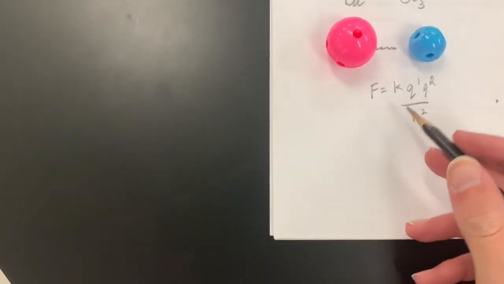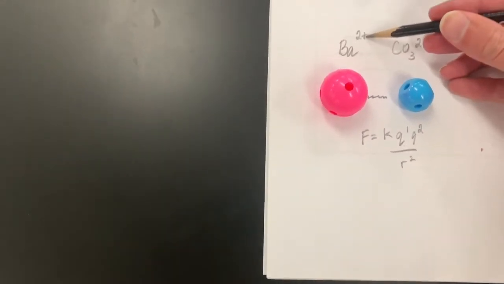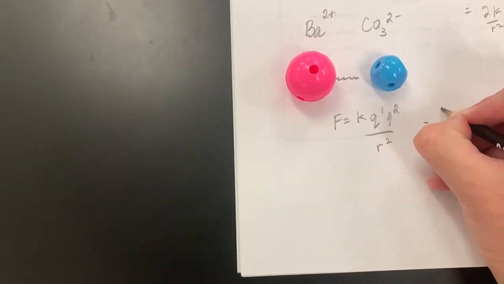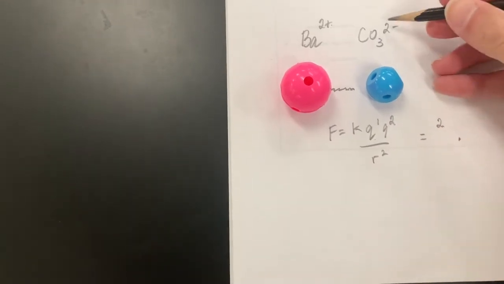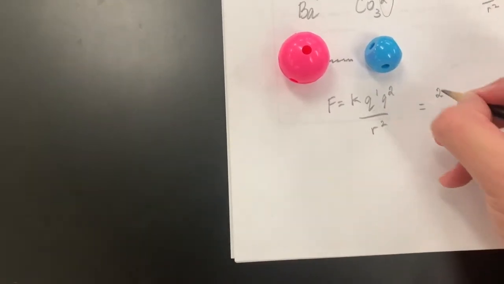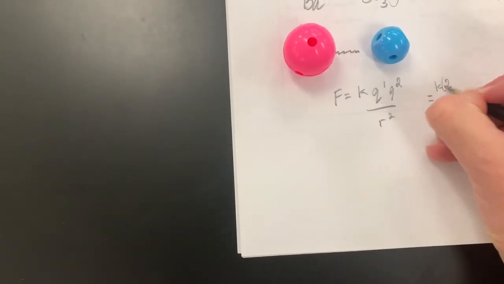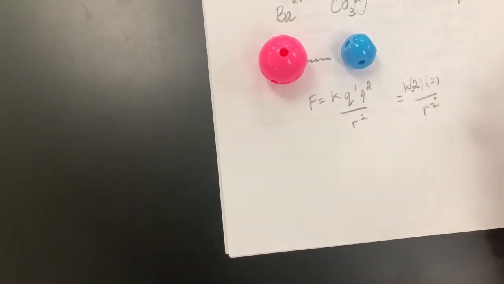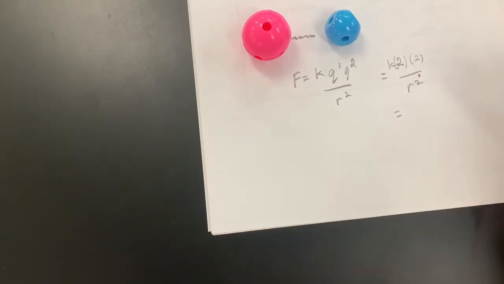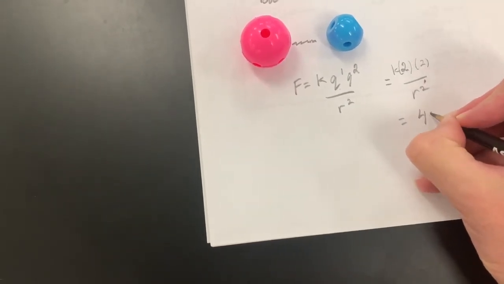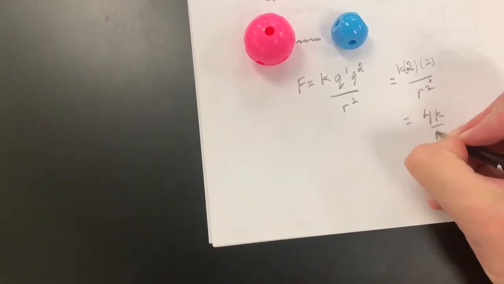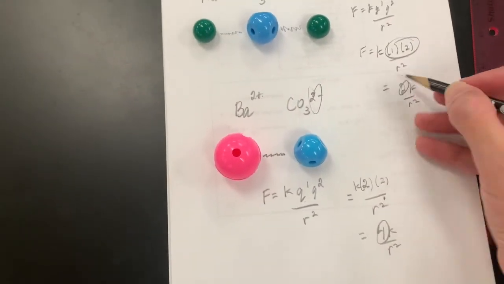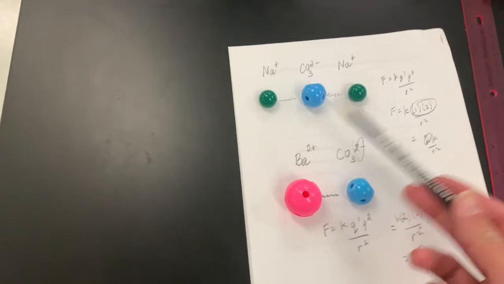Now down here, what is Q1? Q1 is the magnitude of the charge, which is 2, okay? And carbonate has a -2 charge. All right, and if the radius is the same, it's going to be 4 times K over r squared, okay? So you can see how there's a 4 in this bottom case and there's a 2 up here.